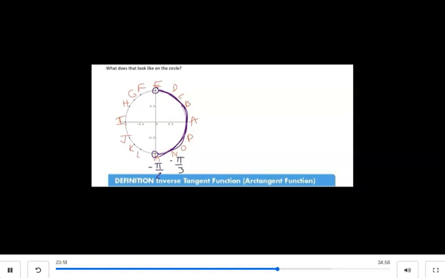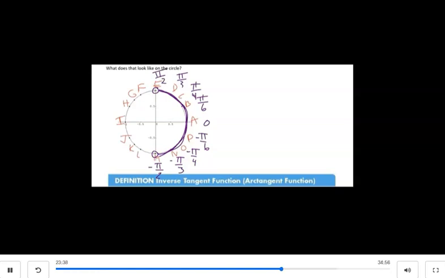I know you're used to calling it 5 pi over 3, but remember, if I'm headed in the negative direction, it would be called negative pi over 3. And of course, that would be negative pi over 4, and negative pi over 6, and 0, and pi over 6, and pi over 4, and pi over 3, and pi over 2.